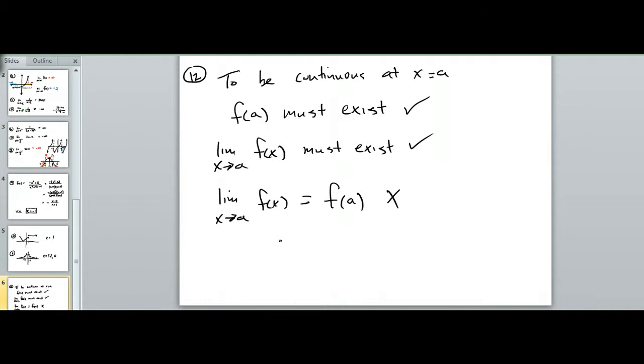We have a closed dot at 1, negative 2, and the open dot occurs at 1, 4. So because of that third thing, it's not continuous at x equals 1.